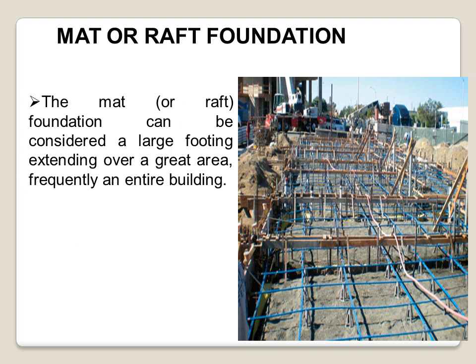Next is mat or raft foundation. A mat or raft foundation can be considered as a large footing extending over a large area, frequently an entire building. It is a combined footing that covers the entire area beneath a structure, as shown in the figure, and supports all the walls and columns.